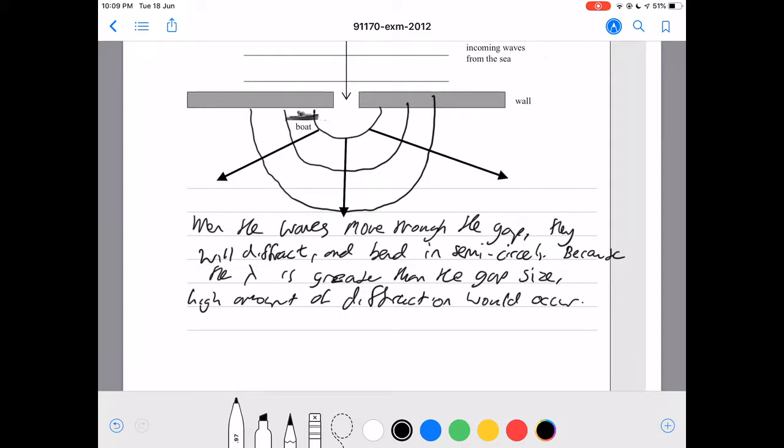So therefore, when the waves bend, they will hit the boat. It'll hit the boat, and what effect will that have? When the water waves hit the boat, the boat is going to bob up and down. Imagine a duck.